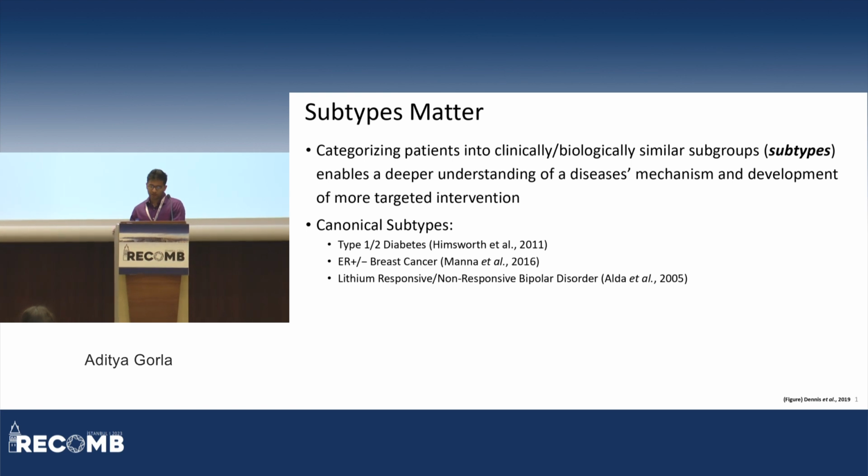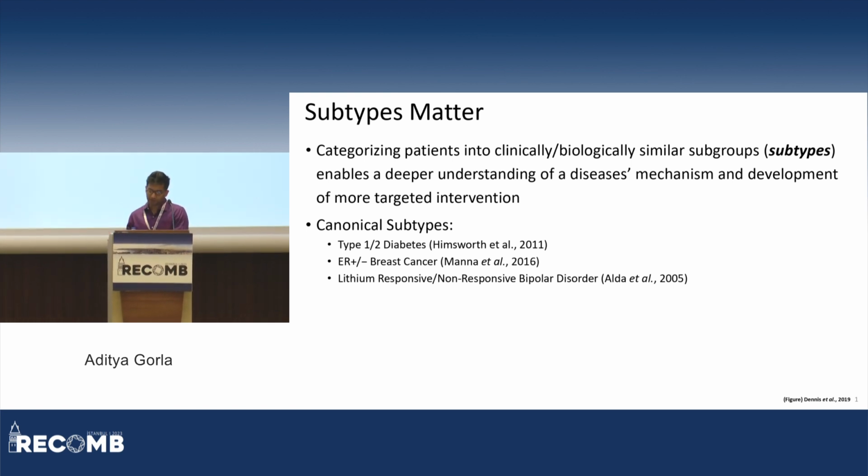So we'd like to classify patients of a disease into more clinically homogeneous subgroups or subtypes, because this allows us a better mechanistic understanding of the heterogeneity in the disease, which could help us derive better treatment outcomes and more targeted prevention strategies.